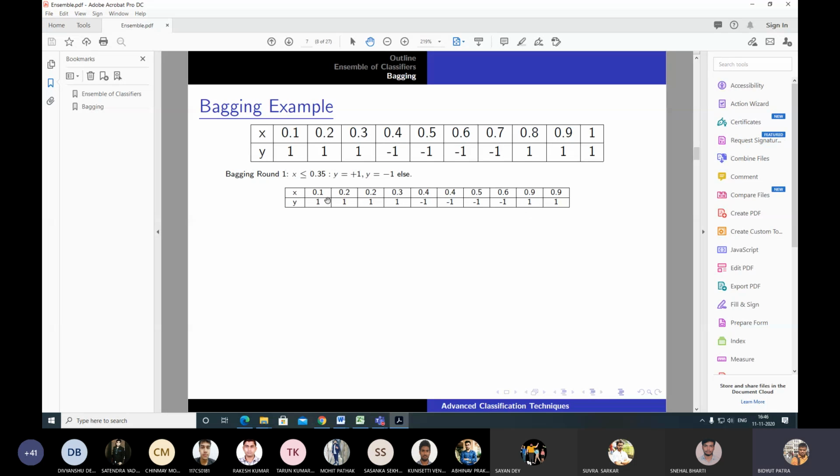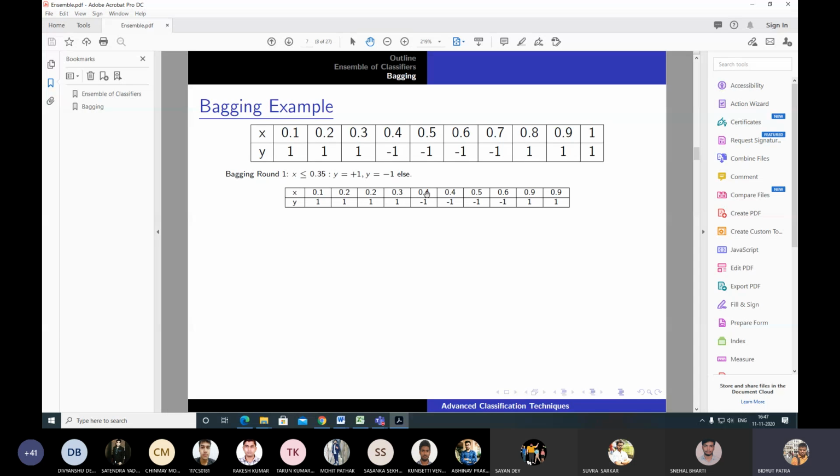First, we use the bootstrapping technique. Out of these 10 objects, we randomly choose some of the objects 10 times. The first time you got 0.1, second time 0.2, second time also 0.2, third time also 0.2, because you are picking points with a random replacement strategy, so there is a high chance you can get 0.2 again.